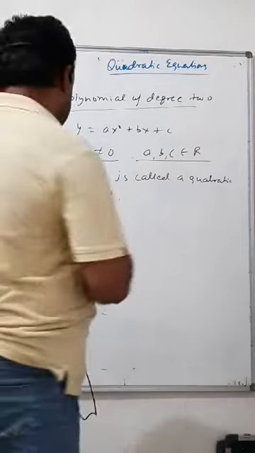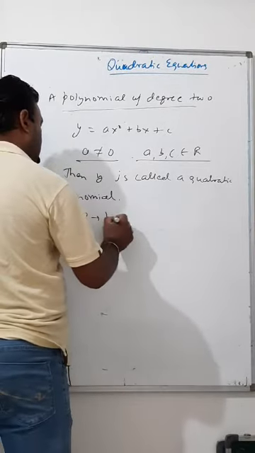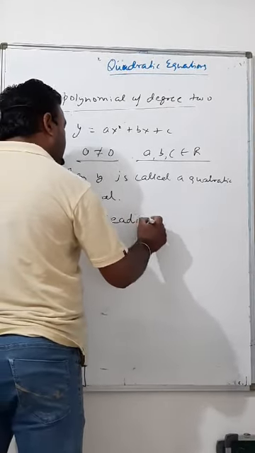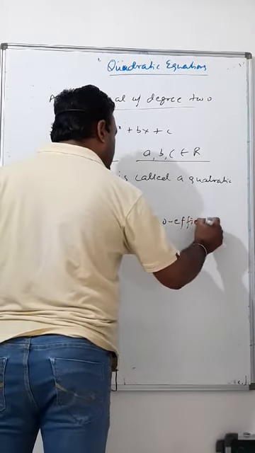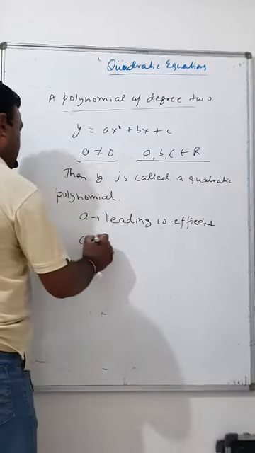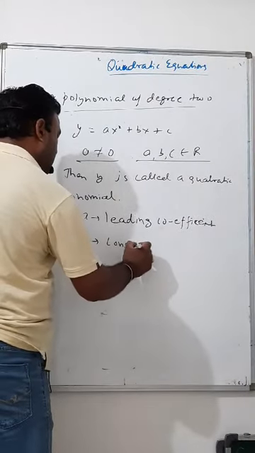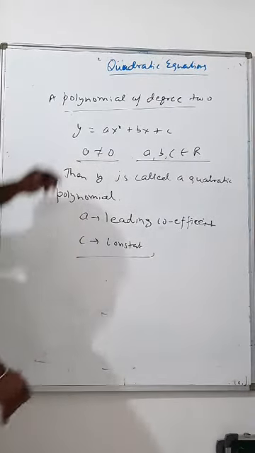Here a is called the leading coefficient, right? c is called a constant.